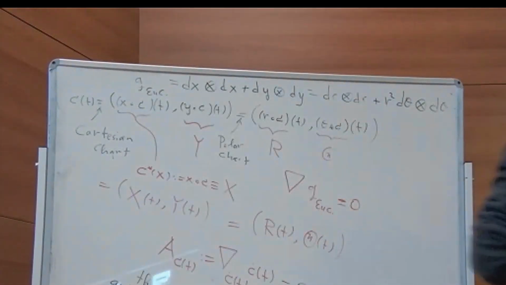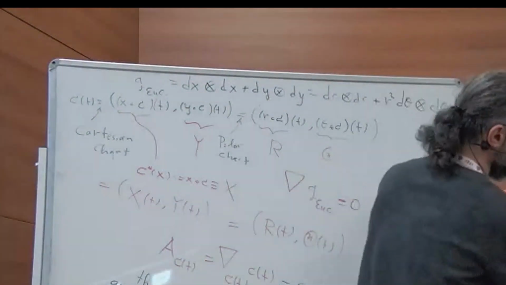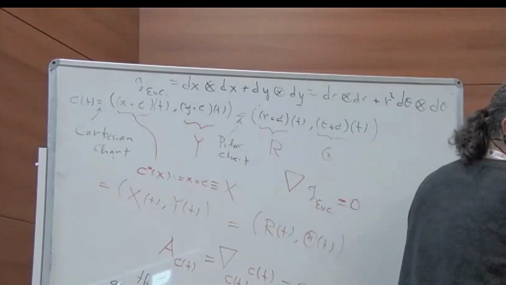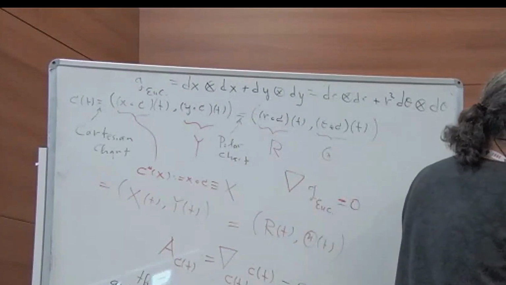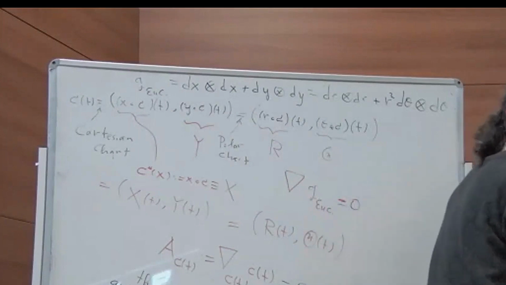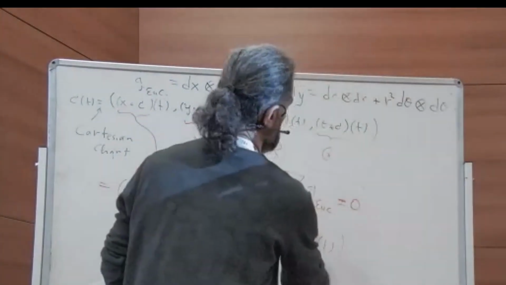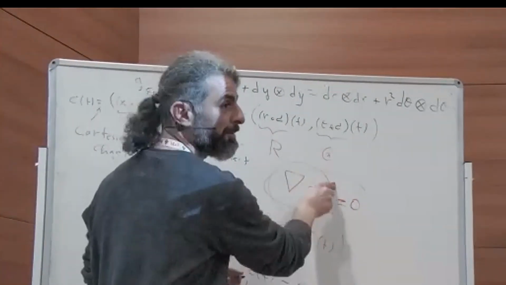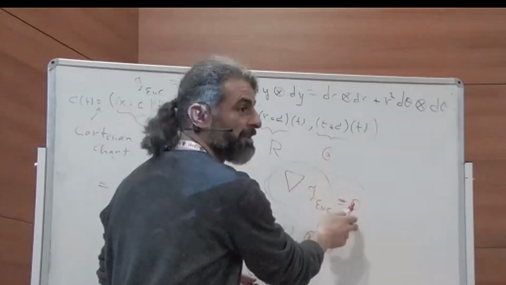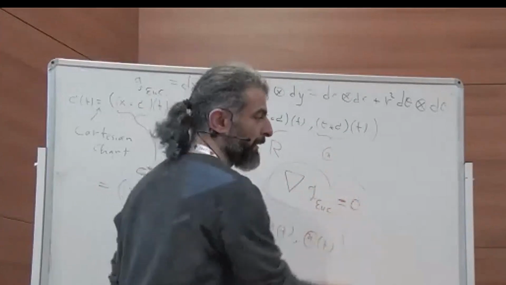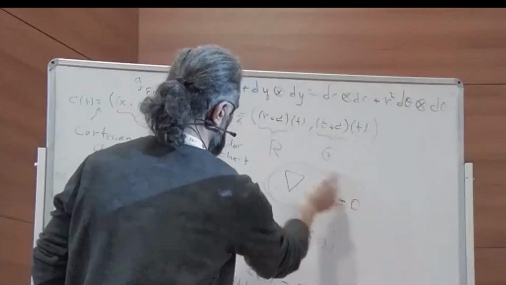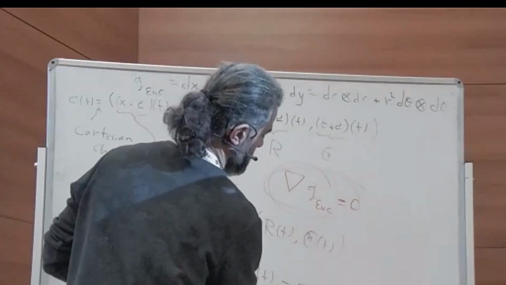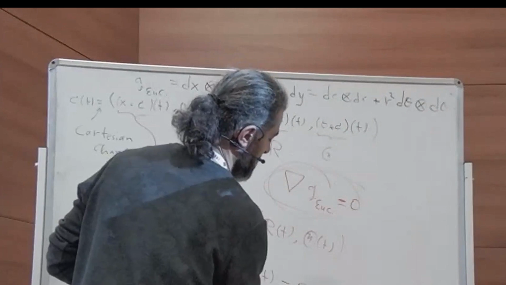That's very important. And when you are parallel transporting a vector, if its magnitude is not changing, this means that this condition is satisfied. This is the non-metricity tensor, and it's zero. Then this is called the geodesic equation.